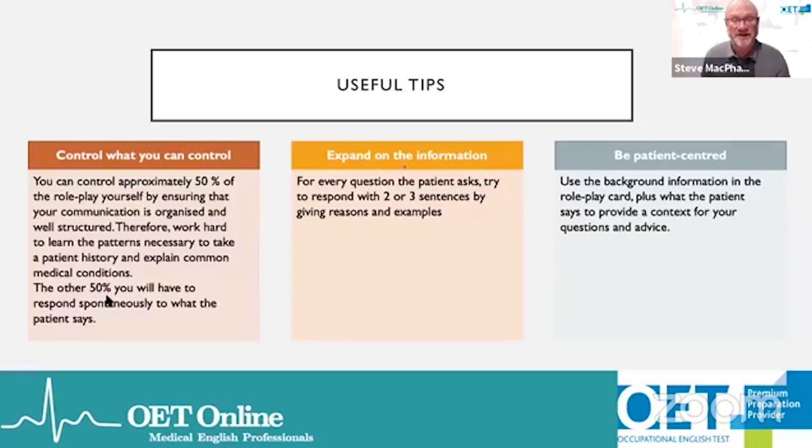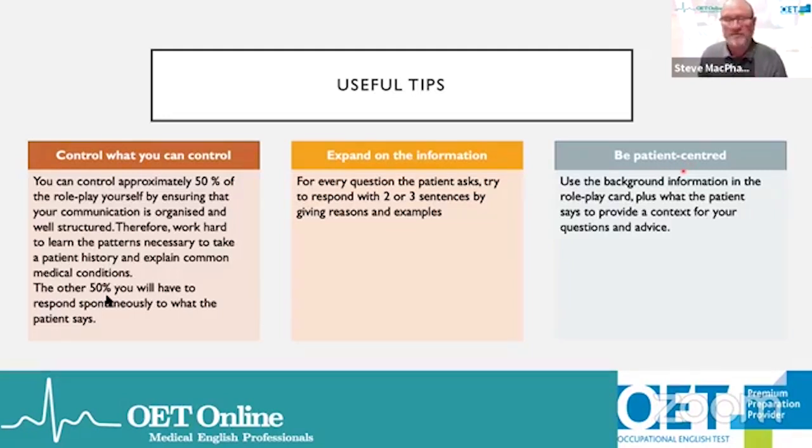Another tip, expand on the information. For every question the patient asks, try to respond with 2 or 3 sentences. Get used to expanding and giving reasons and examples of what you want them to do. So that 2 to 3 sentence response is very good for your technique. Lastly, be patient-centered.